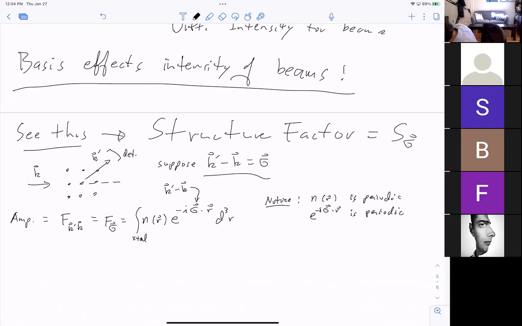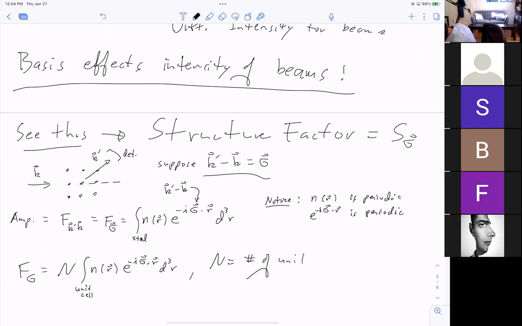I can just integrate over one unit cell. My total amplitude is N times the integral over one unit cell of N of R, E to the minus I G dot R, d cubed R, where N equals the number of unit cells in the crystal. Okay?